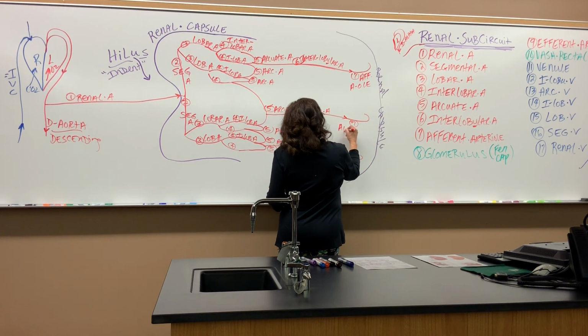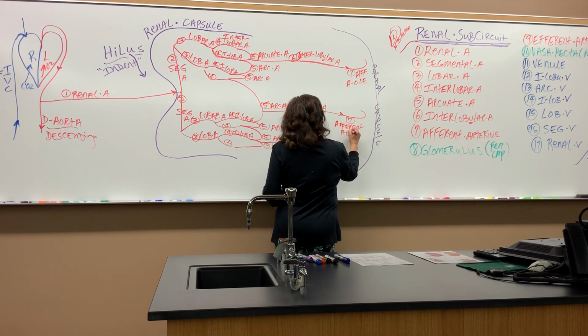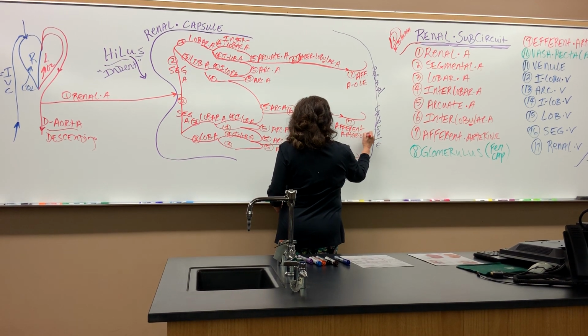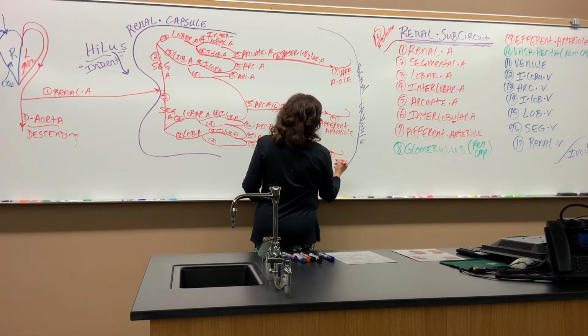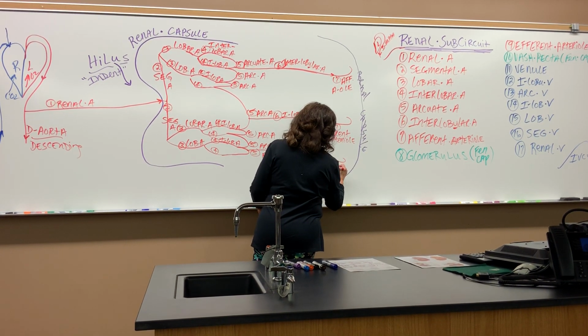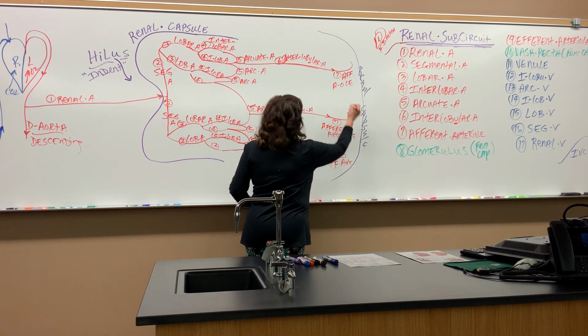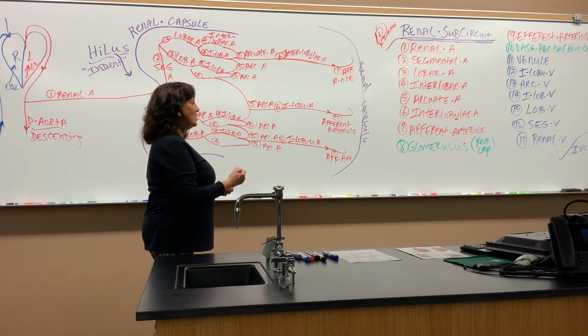Afferent arteriole is number 7. All right, so it's turning. And so that's number 7.